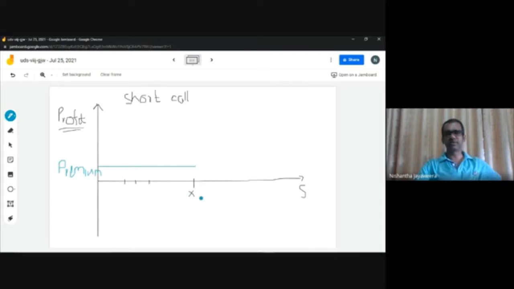Then you start to incur a loss. So your profit goes down like this. Again, the same break-even point applies here. Clear?